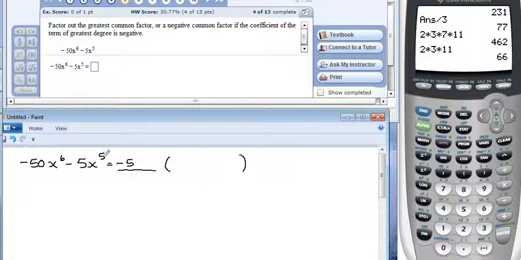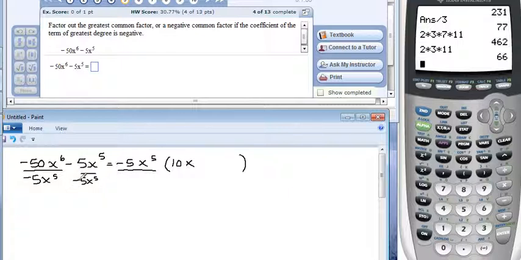Between an x to the 6th and an x to the 5th, remember, I take out the lowest power. Then I divide through by that GCF, both terms. So negative 50 divided by negative 5 is a positive 10. X to the 6th divided by x to the 5th is x.